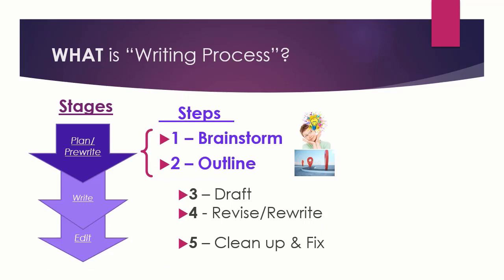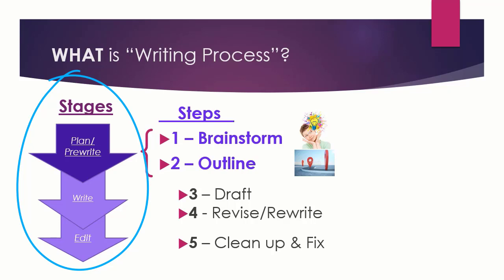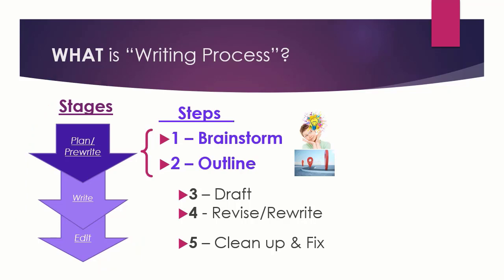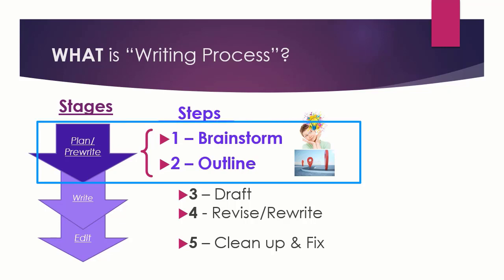The 3 common and basic stages we generally go through in our writing process are planning, writing, and editing. The first stage is planning, also often called pre-writing, and this is when we make a plan for our writing through a brainstorm and an outline.